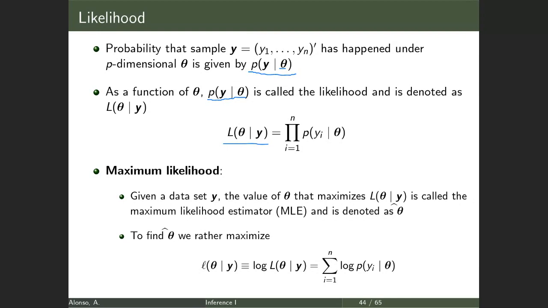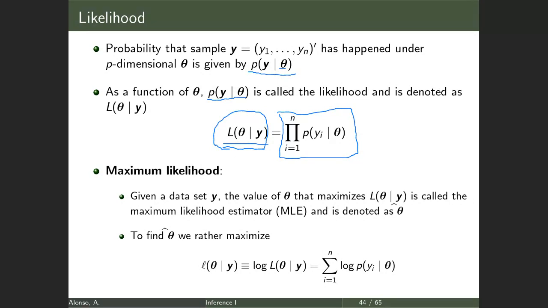And if the observations are independent and identically distributed, then this likelihood, which is just the probability of the data, but now you look at it as a mathematical function of theta, is just the product of the probability of the individual outcomes. We have seen that, nothing new here. So given a data set, the value of theta that maximizes this function is called the maximum likelihood estimator of theta.